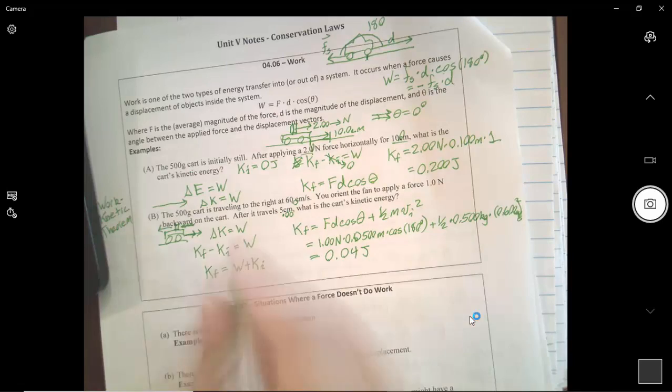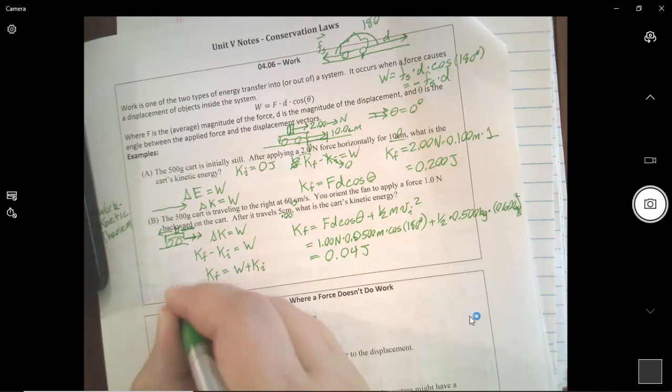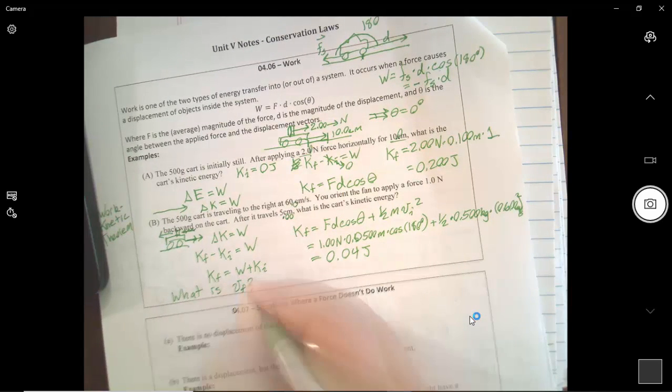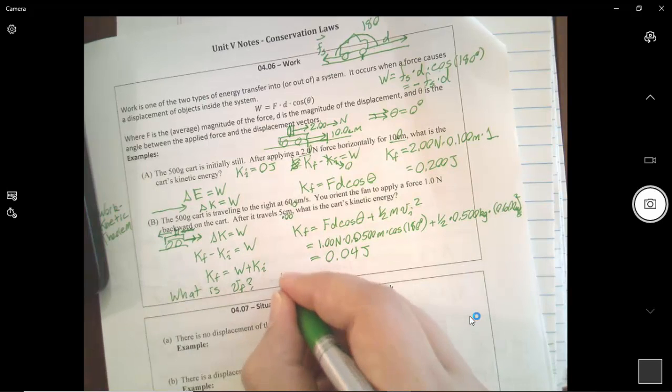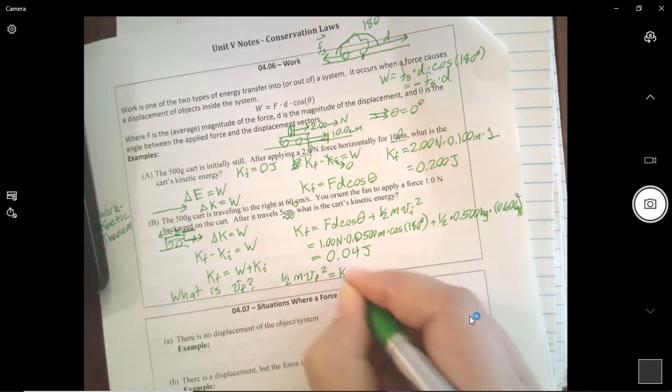Now what we want to do, this wasn't originally written on the question, is find the final speed. So 1/2 m vf squared is equal to Kf.